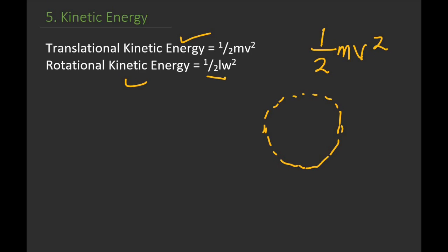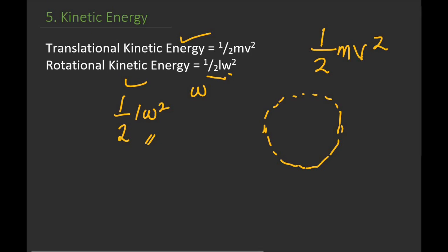This I stands for the moment of inertia or rotational mass of the rigid body, while this ω stands for the angular velocity. So 1 over 2, the rotational mass, and then the angular velocity squared. You use this formula for rotational kinetic energy.